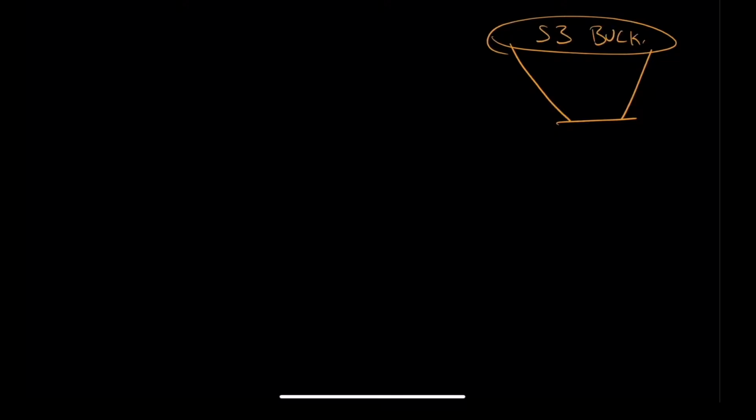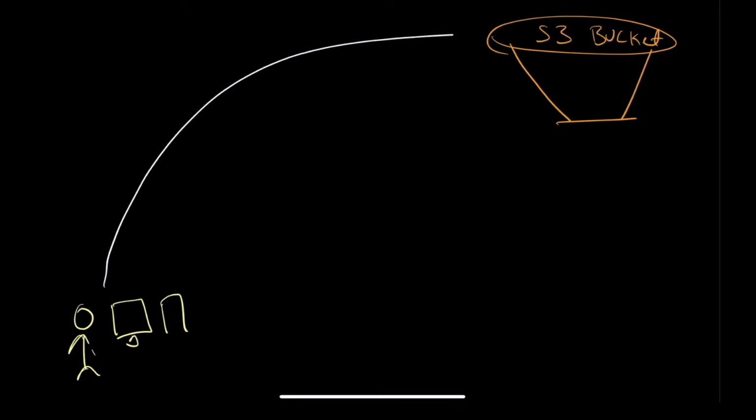This is your S3 bucket. And this is who I am with my own machine. Now what I want is I want my data to be transferred into S3 bucket.